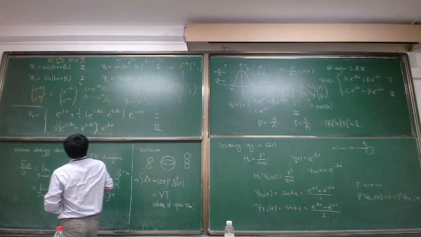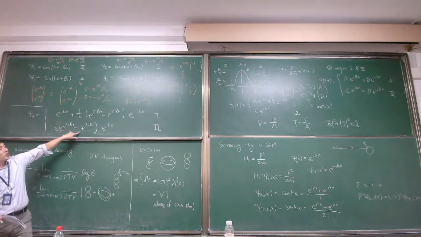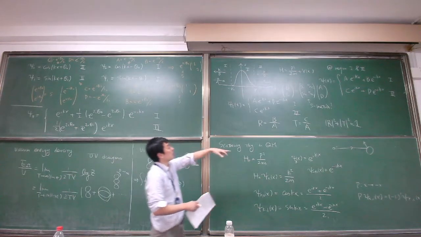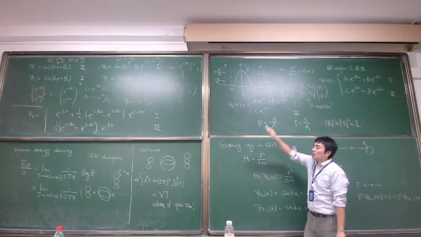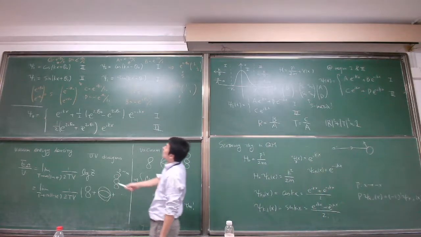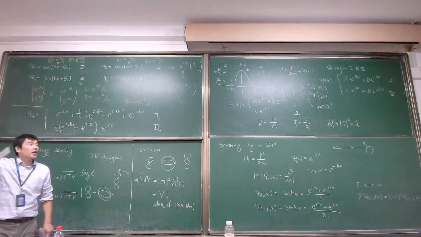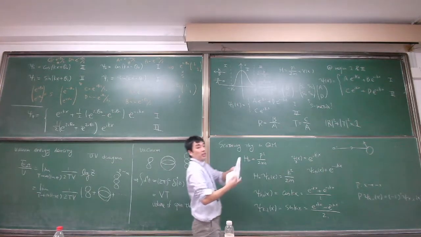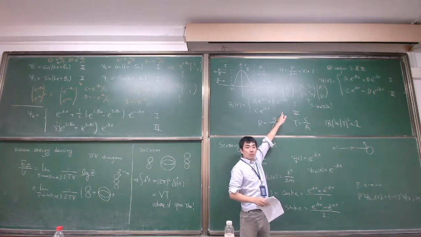This combination of the phase is the only combination that will kill D. So here D should be 0, right? Therefore, I just pick the combination of psi naught and psi 1 in such a way that it kills the D coefficient. That's what I did. Do you understand what I mean?